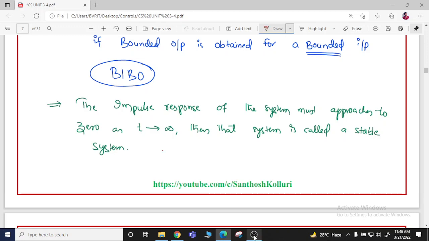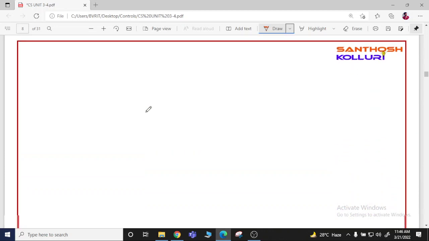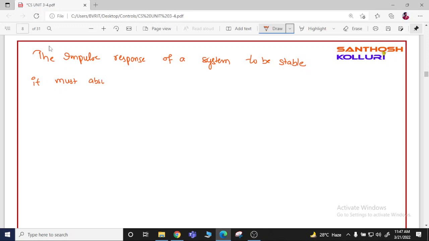So that is one of the conditions. If it is integrable between 0 and infinity, then the system will definitely be a stable system.